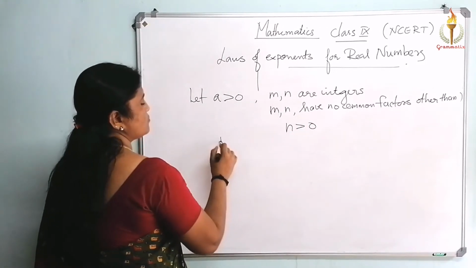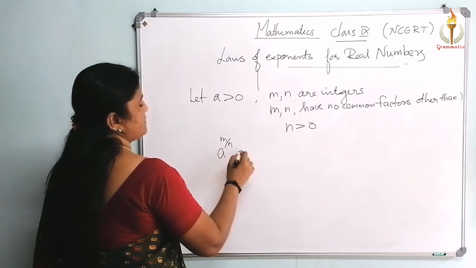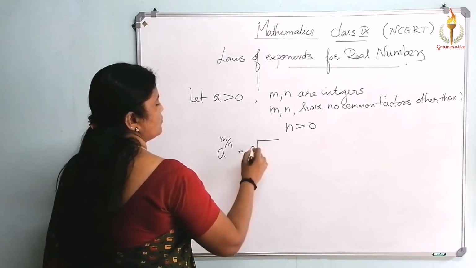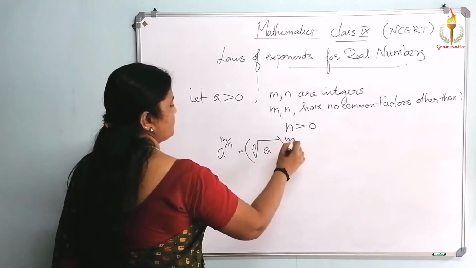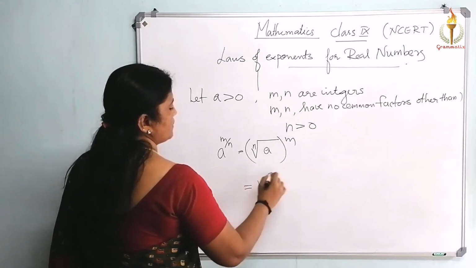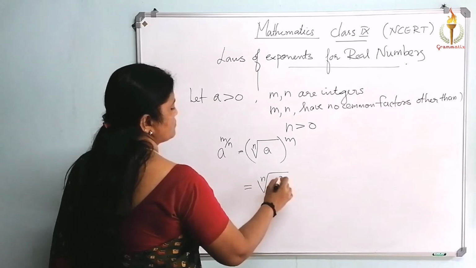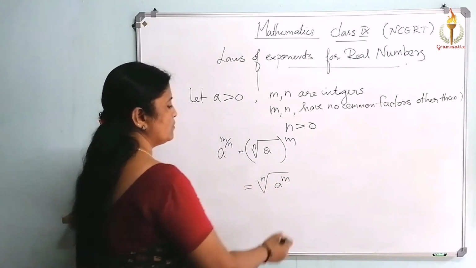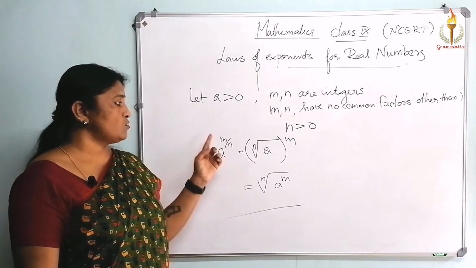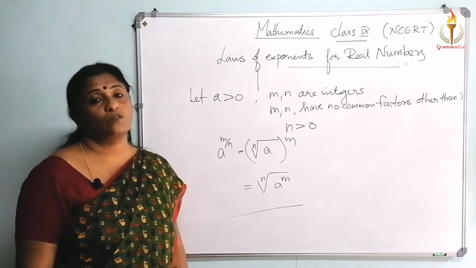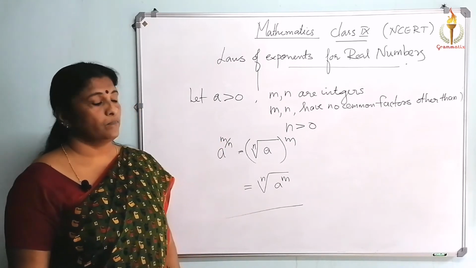Then a raised to m by n is equal to the nth root of a raised to m, which can also be written as the nth root of a, raised to m. So this is how the formula is: a raised to m by n is equal to the nth root of a raised to m.